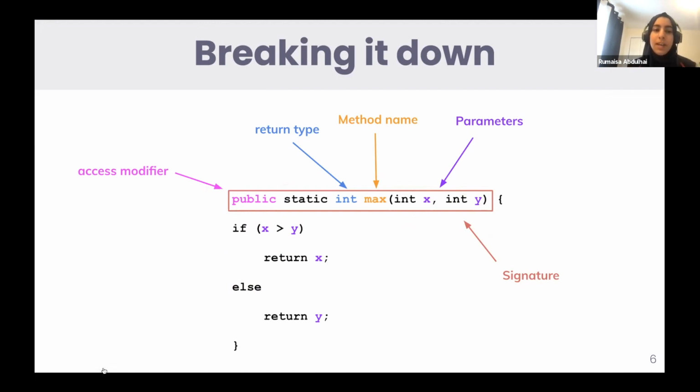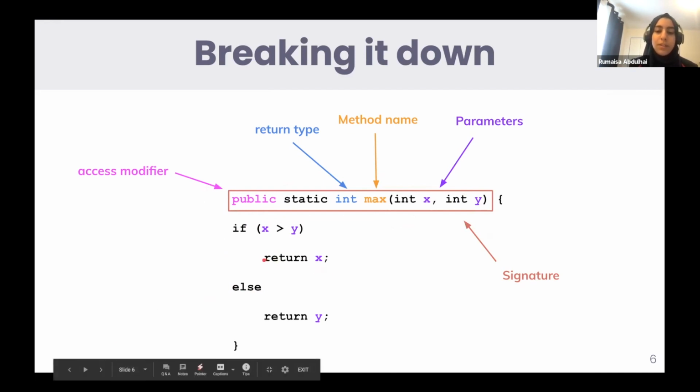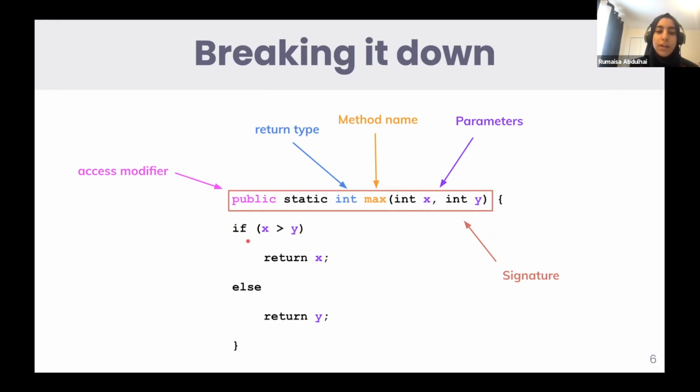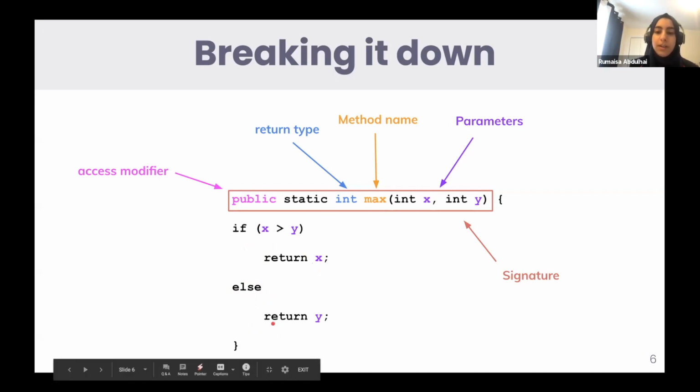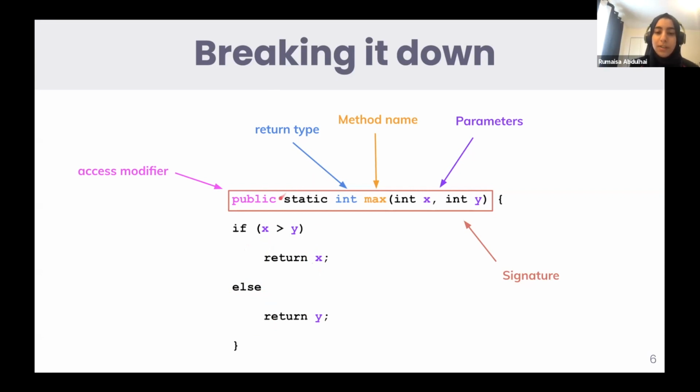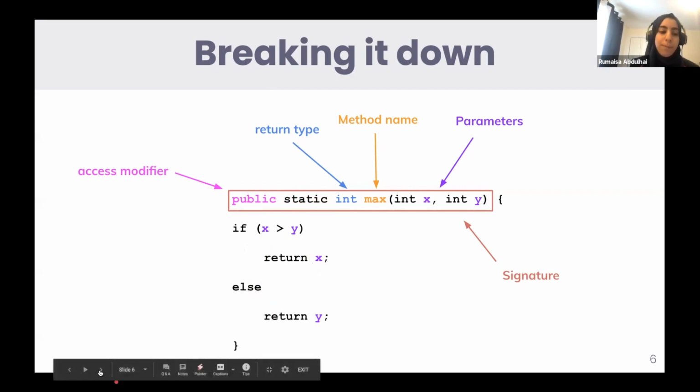So we have the access modifier, a return type, so what we're returning. You see this return keyword. If x is greater than y, return x, or this else would be if x is less than or equal to y, then we return y. And this static keyword, don't worry about it right now, but whenever you create a method, you should always use static for now.